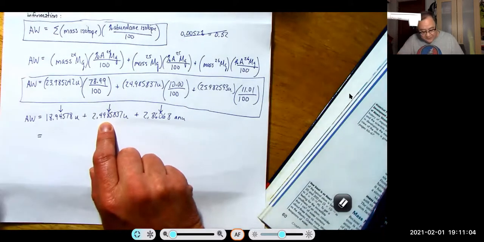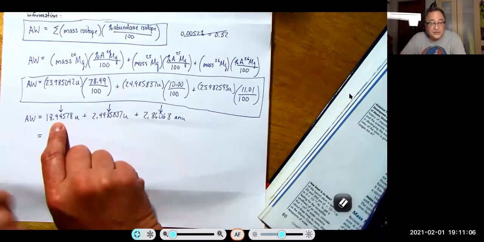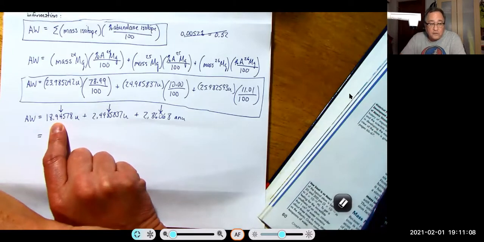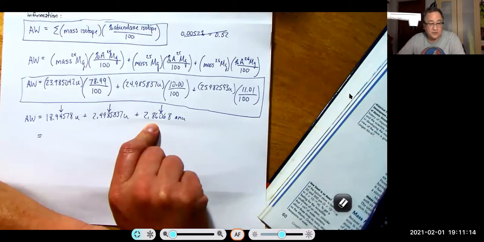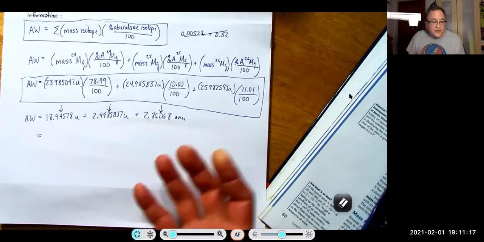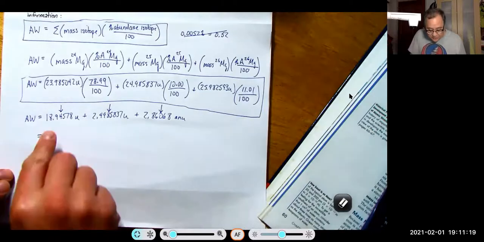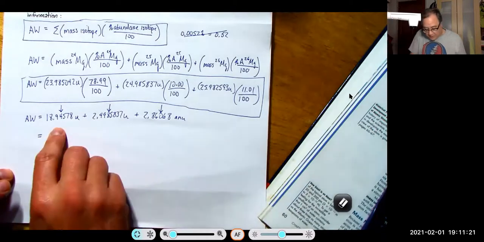So when I add these numbers together, you can see that this is precise to 2 numbers over from the decimal. This is precise to 3 numbers over. I'm going to round to whichever is least precise, which is 2 numbers over from the decimal. So I'm going to round to right there.